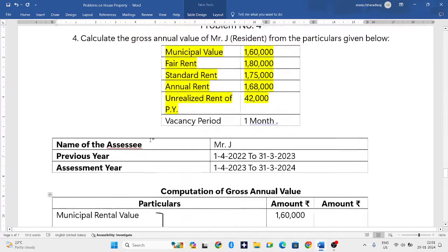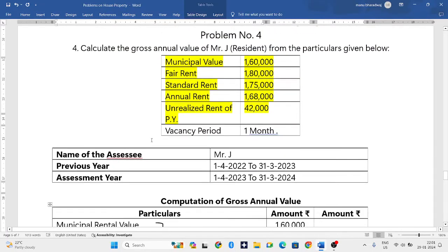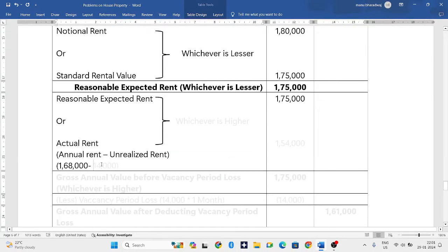Unrealized rent is 42,000. Now, annual rent 1,68,000 minus unrealized rent.